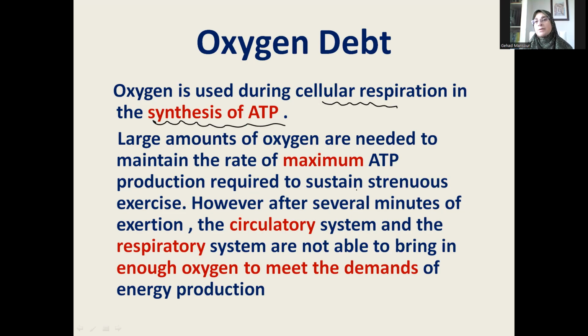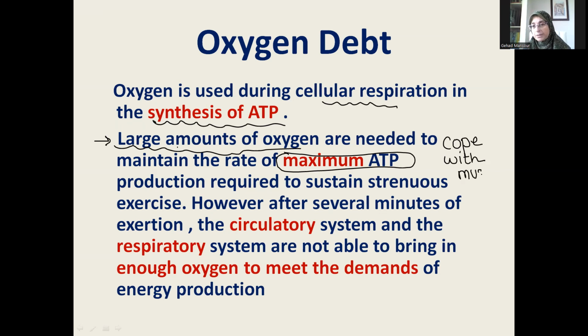If you are exerting maximally, if you are exerting at a very rapid rate, then your muscles would need huge amounts of ATP, and therefore you would definitely need large amounts of oxygen in order to cope with muscle needs, since these muscles are exerting heavily.